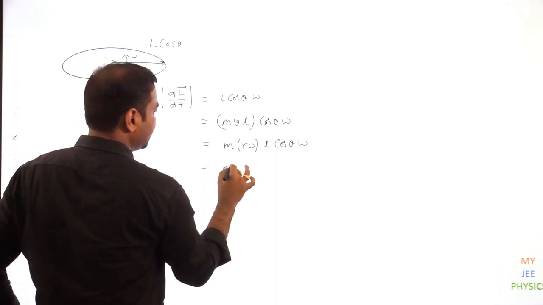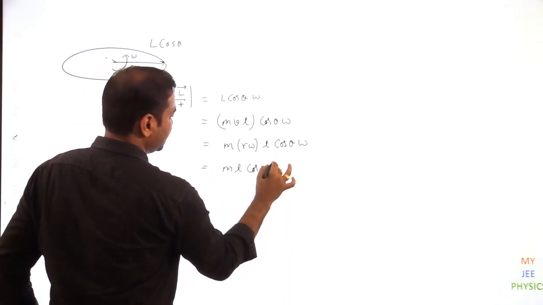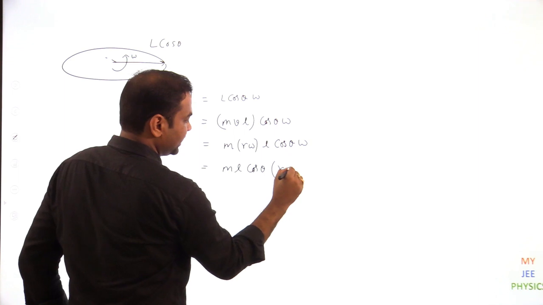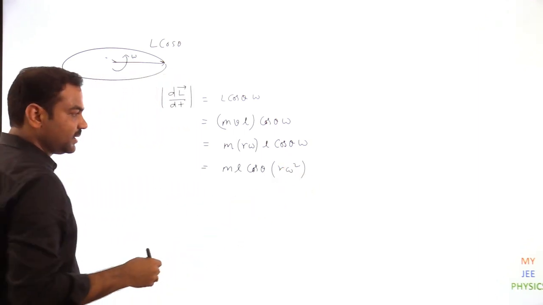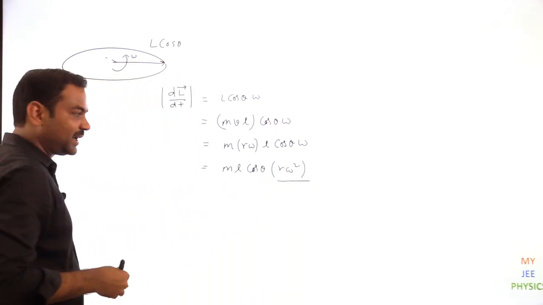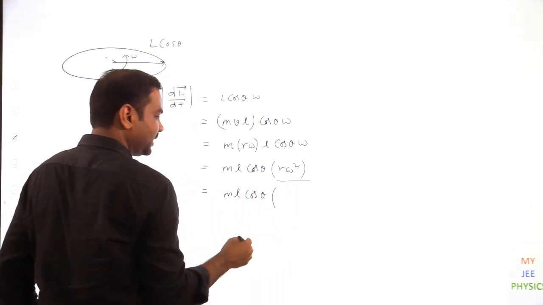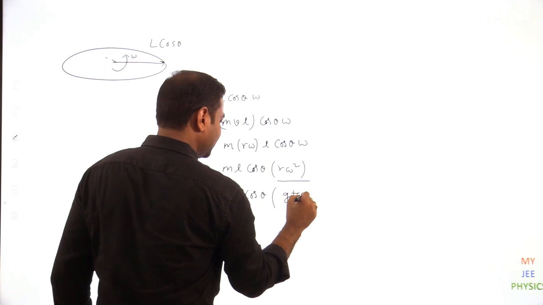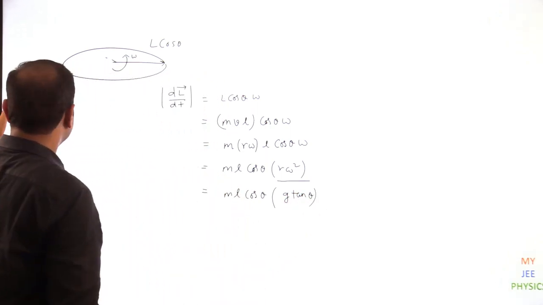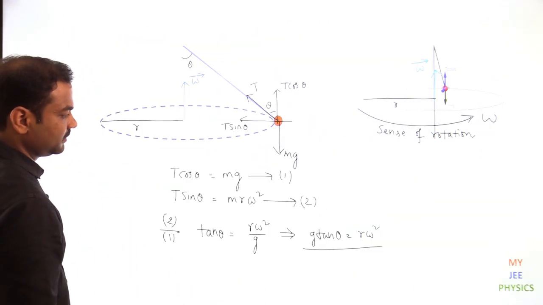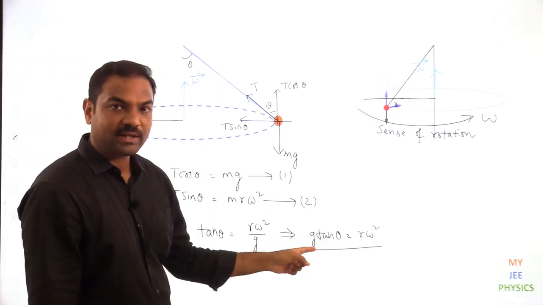Then I'll get ML cos theta into R omega into omega, which gives R omega square. This is what I told you, R omega square I required somewhere. That's why I found in the first part of the video that R omega square is equal to G tan theta. Don't worry, I will show it to you. Yes, R omega square is equal to G tan theta, already got.